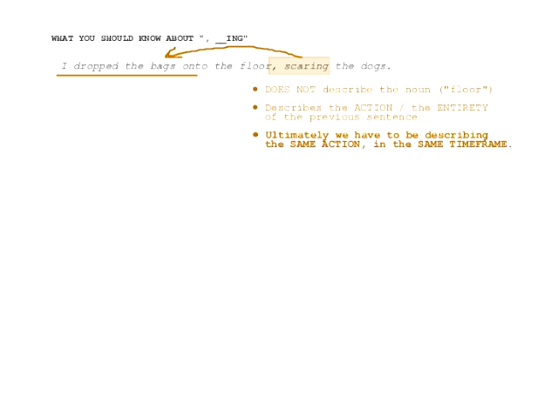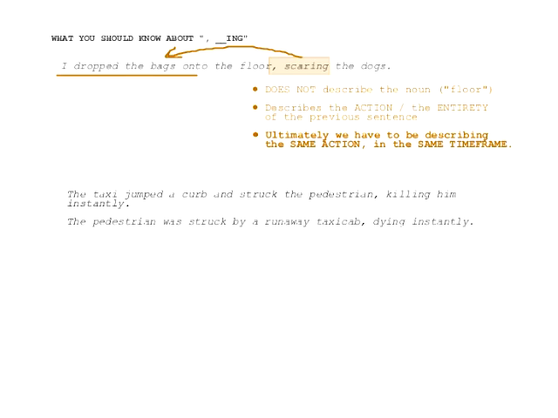So let me give you two more examples that should really clarify this. If you say this, the taxi jumped the curb and struck the pedestrian, killing him instantly. Or the pedestrian was struck by a runaway taxi cab, comma, dying instantly.